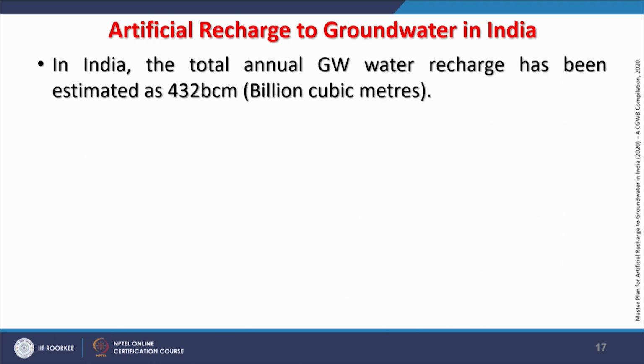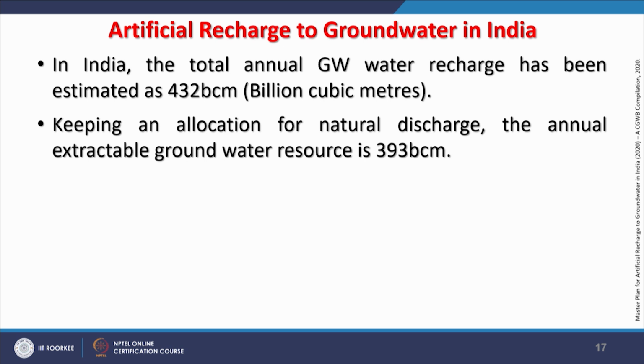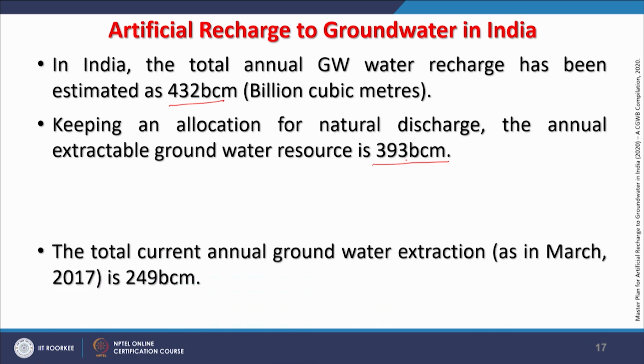So, if we see overall in India what is happening about artificial recharge to groundwater, the total annual groundwater recharge has been estimated as 432 billion cubic meters, and keeping an allocation for natural discharge, the annual extractable groundwater resource is 393 BCM. So, our recharge is this much, our extractable groundwater resource is 393, so there is a gap.